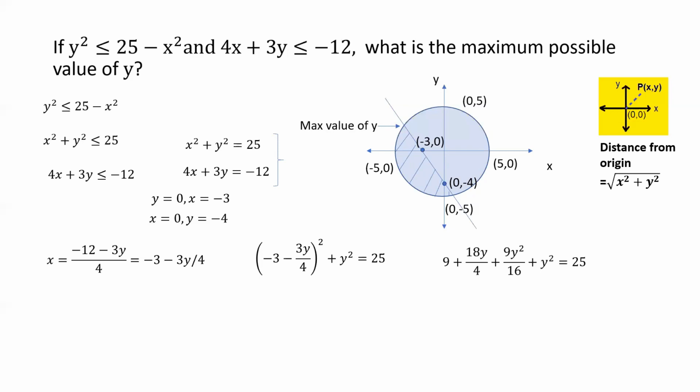Then we expand out the first term, and from here on we multiply both sides by 16 just to get rid of the fractions. And then if we do a little bit of algebraic manipulation, we finally come up with this quadratic equation.